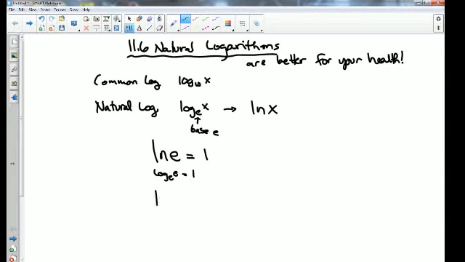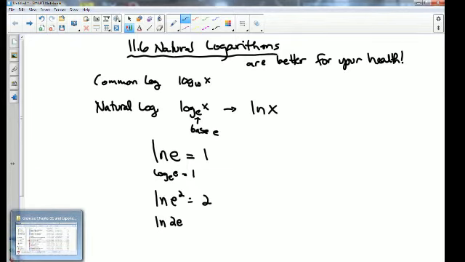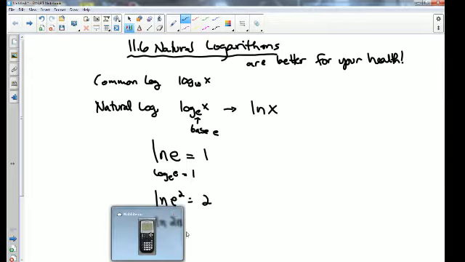What about this? 2. How about this? If you use your properties of logs, what can I do with these two items?